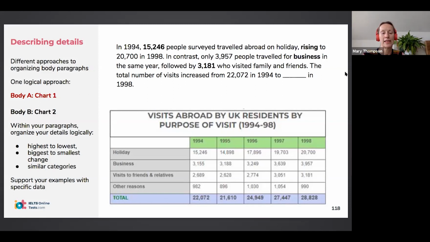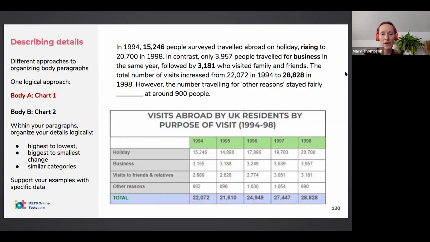The total number of visits increased from 22,072 in 1994 to 28,828 in 1998. That's right. However, the number traveling for other reasons stayed fairly low. Or, yeah, say low. It could be low or constant, that's right. Stayed fairly constant at around 900 people.